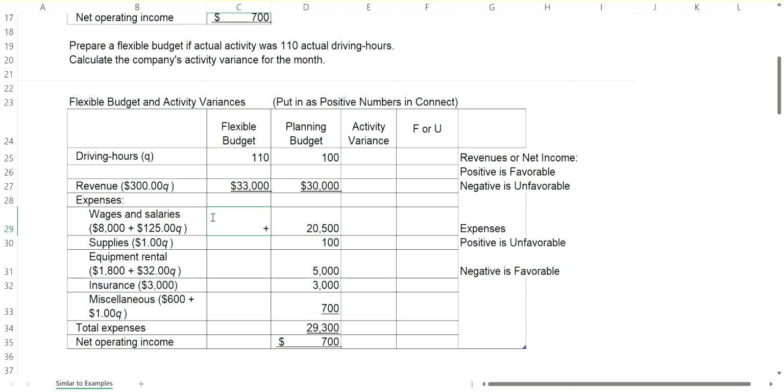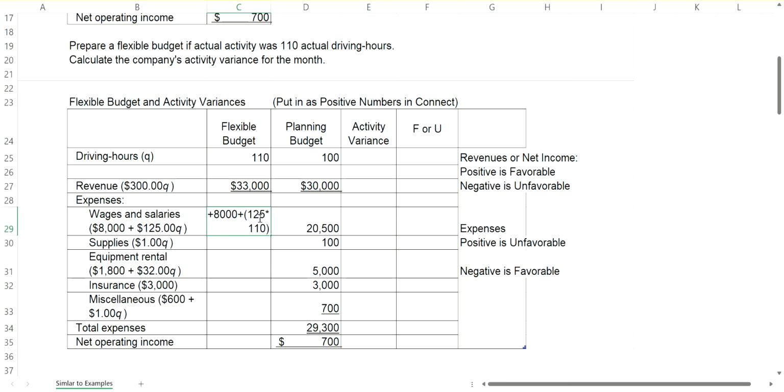So this is how we'll calculate it. We will take 8,000 for the fixed component and add it to the variable component, which is $125 per hour, and for the flexible budget we're using the actual hours of 110 hours.